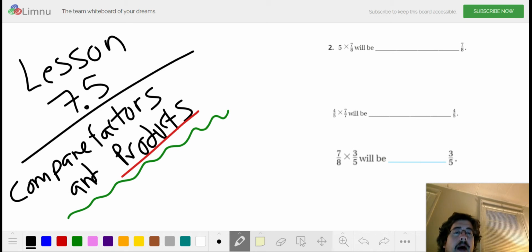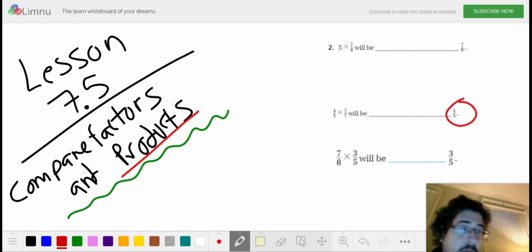All right, so let's take a look at 4/5 times 7/7. Let's examine the problem here. We need to know what the product is in this problem. The product's going to be 4/5. But we want to know whether multiplying the two factors is going to give us a product that's going to be more than 4/5, less than 4/5, or equal to 4/5. So I'm going to look at the fraction that isn't 4/5.